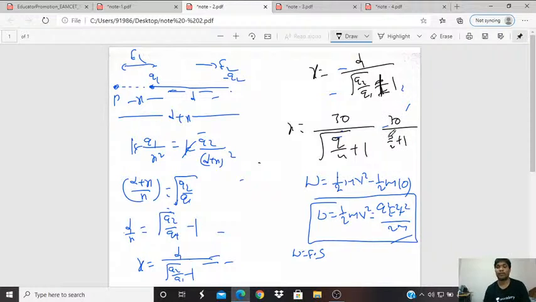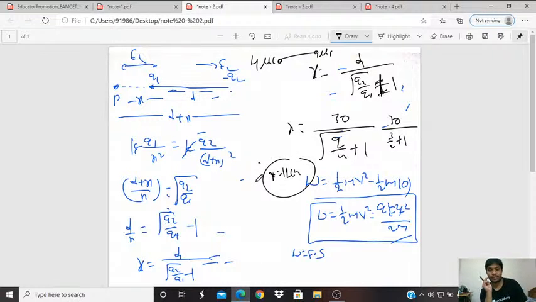So 60 by 5. 12. So X will be what? 12 centimeter. From what? This charge. So from 9 microcoulomb means 30 minus 12, 18 centimeter. So like this we can get it.